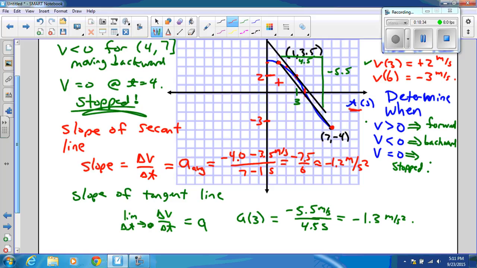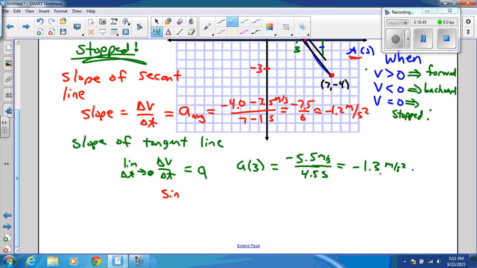What can I evaluate from that? Well, remembering again that my velocity is positive during these times and negative during those times, I can see that my velocity is currently positive at t equals 3, but the acceleration is negative.